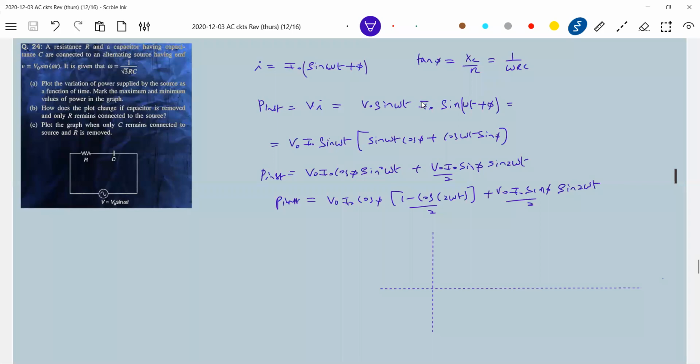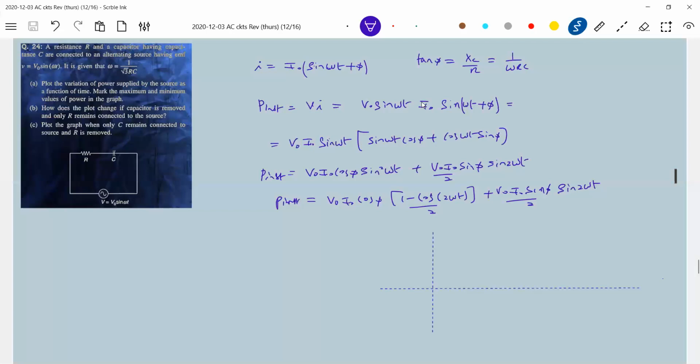Instead of doing this, we can go for transformations and we'll get one single term. I got V naught square by 2R into sine of 2 omega t plus pi by 3. I got instantaneous power V naught I naught by 2 into cos 2 omega t plus phi minus cos phi. Okay, you're getting one sinusoidal. Yes, sir.